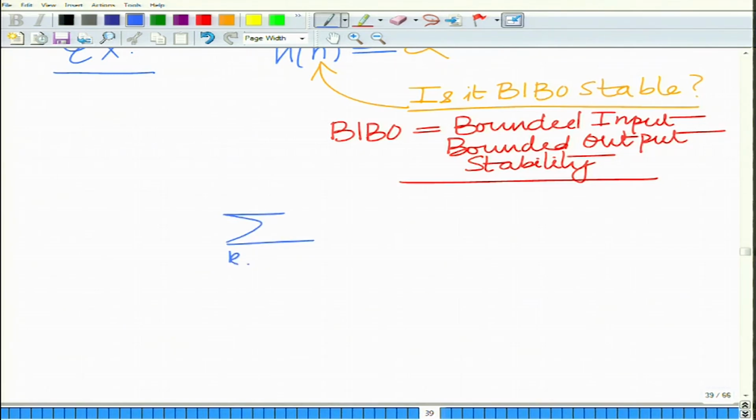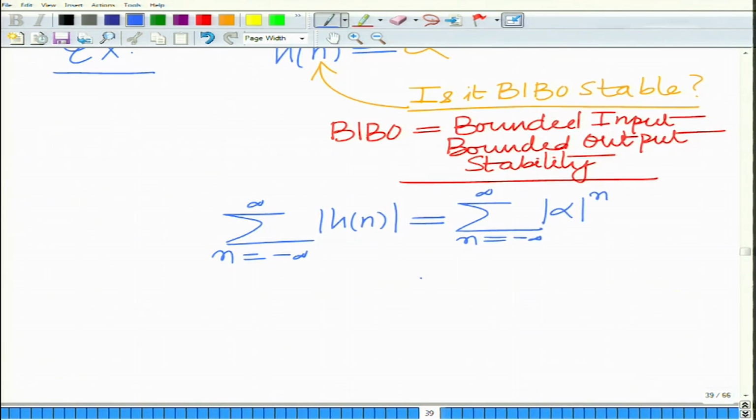We have to check the absolute sum, n equal to minus infinity to infinity, of the magnitude of h of n, which is the summation from n equal to minus infinity to infinity of the magnitude of alpha raised to the power of n u of n.